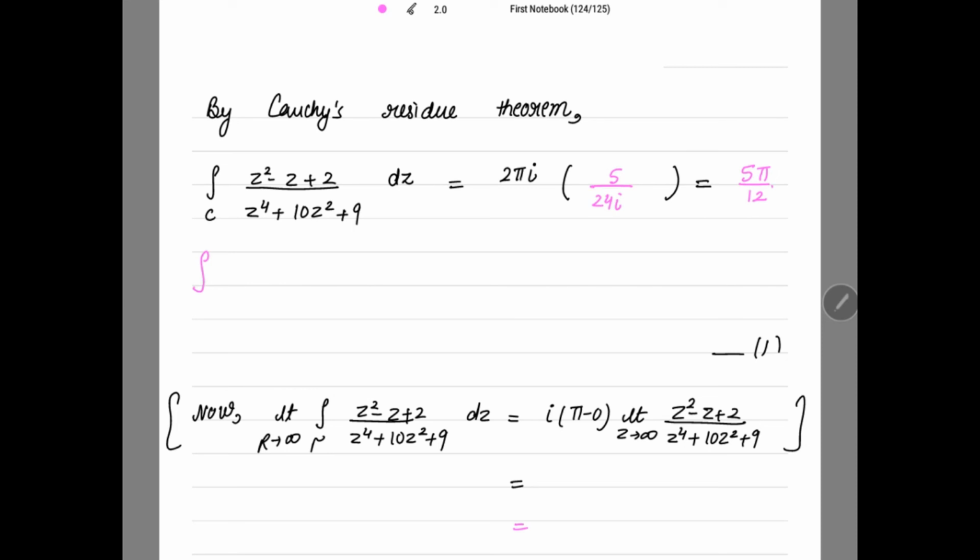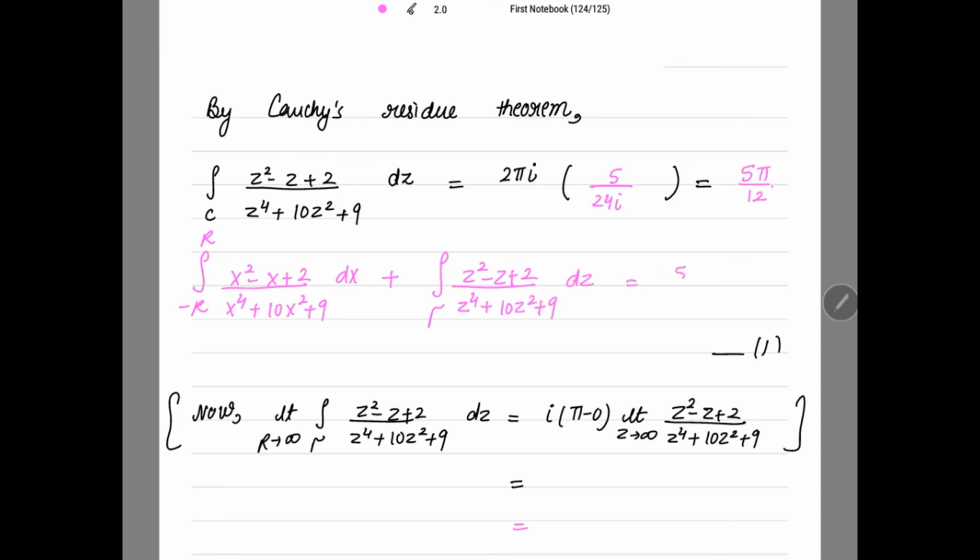Now splitting this contour into two terms, minus R to R along the x-axis, the real axis, changing this z in terms of x now, because this is the integration along the real axis, of x square minus x plus 2 over x to the power 4 plus 10x square plus 9 dx, plus now taking along the contour, this is in z, because x and y both the coordinates are included in z, dz.